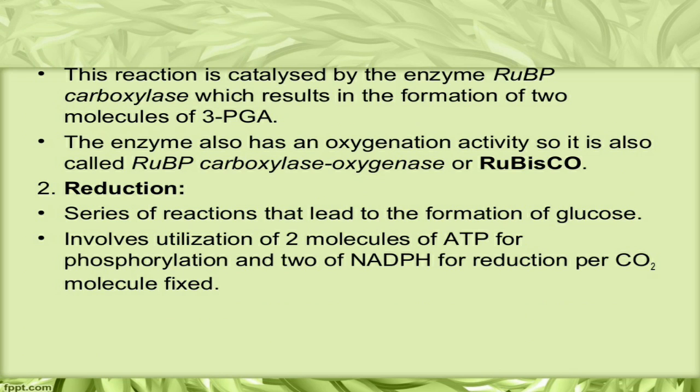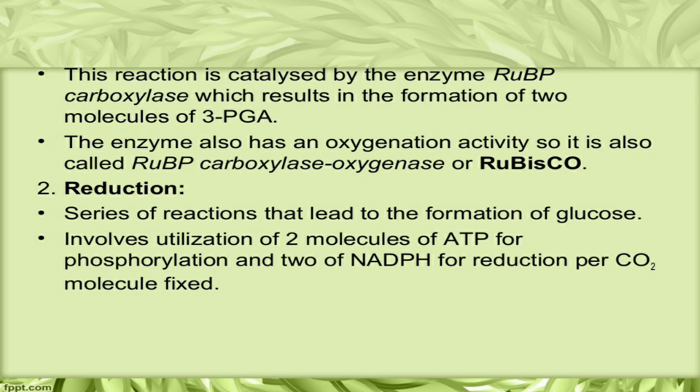This enzyme is a protein which is present on the earth in an excess amount. This is the only protein which is present in the highest amount on the earth, that is Rubisco, RUBP carboxylase oxygenase enzyme.